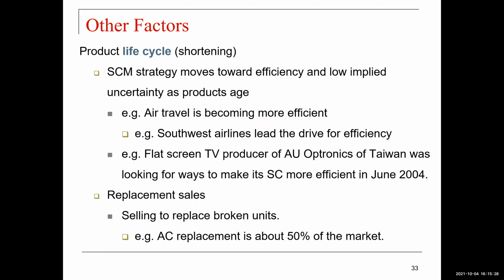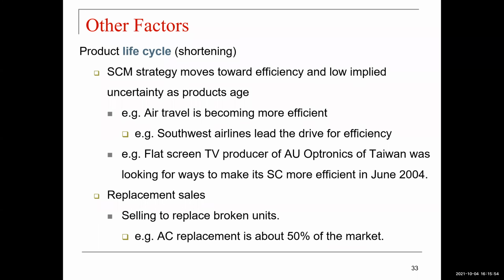For example, flat screen TV producers like AU Optronics of Taiwan were looking for ways to make their supply chains more efficient. Replacement sales, selling to replace broken units. For example, AC replacement is about 50% of the market. Again, with air conditioners, we have all these parts.